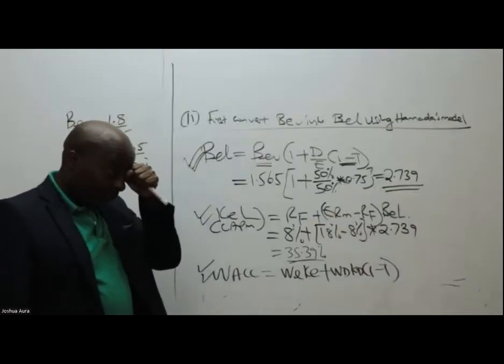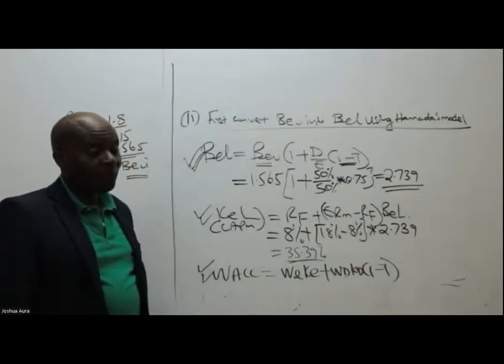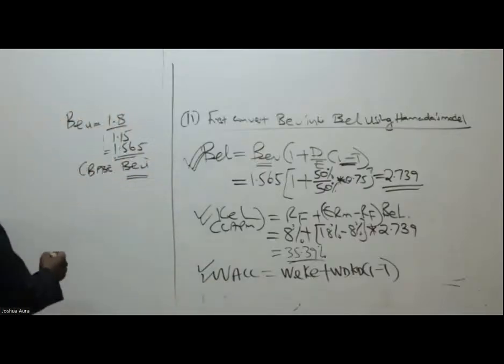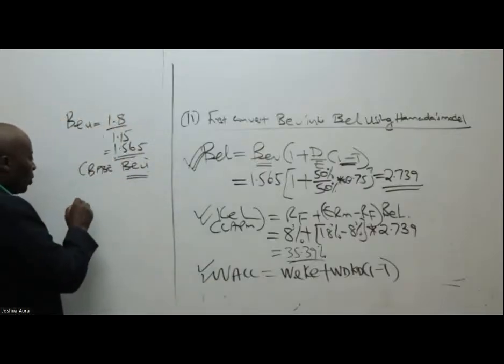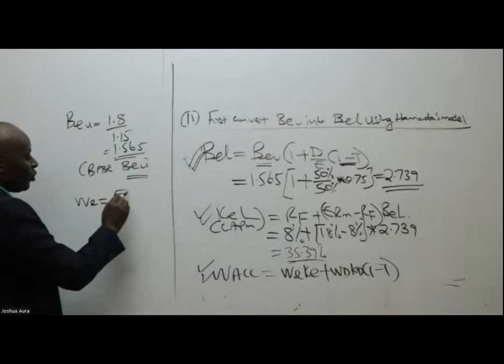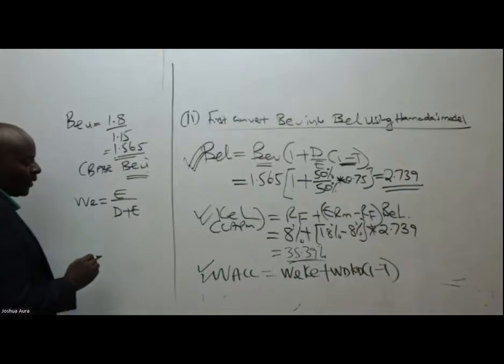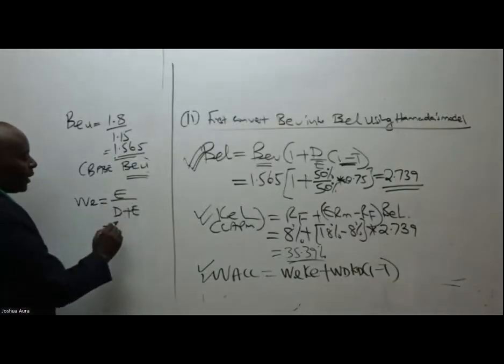Let's see. Or weight of debt. So remember that the weight of equity really is 0.5. The weight of equity here will be the equity component over debt plus equity. The equity component, you guys gave me 50.